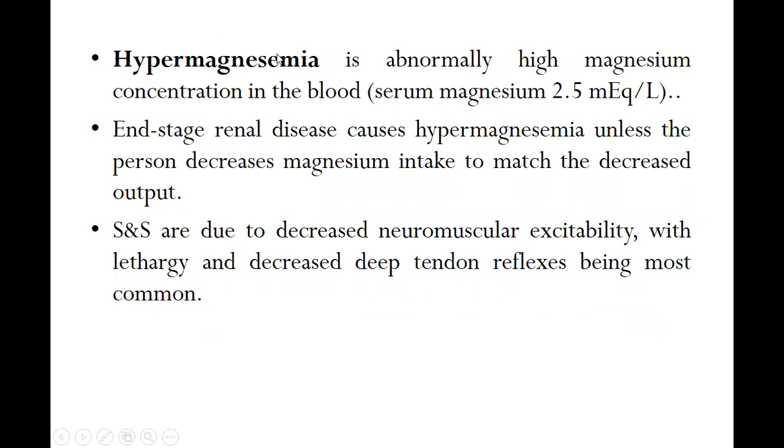What about hypermagnesemia? Now, hypermagnesemia is an abnormally high level of magnesium in the blood. You will have serum concentration of magnesium 2.5 milliequivalents per liter or more. So this can be caused by end-stage renal disease, okay?